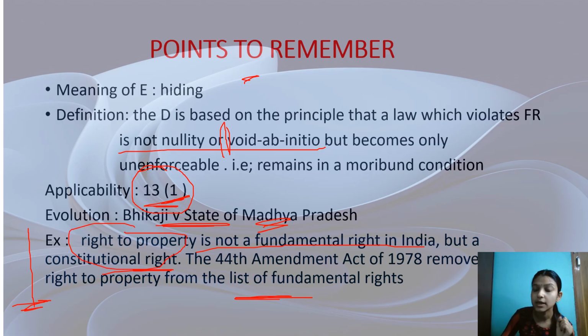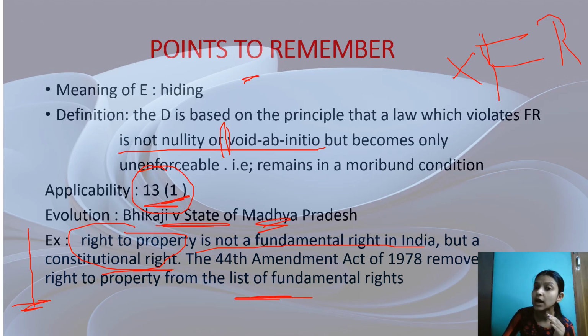In that case, we will not remove the provision which is in contrast to the fundamental right. Rather, we will keep it hidden behind the fundamental right. The fundamental right will hide it rather than eliminating it from the statute itself.